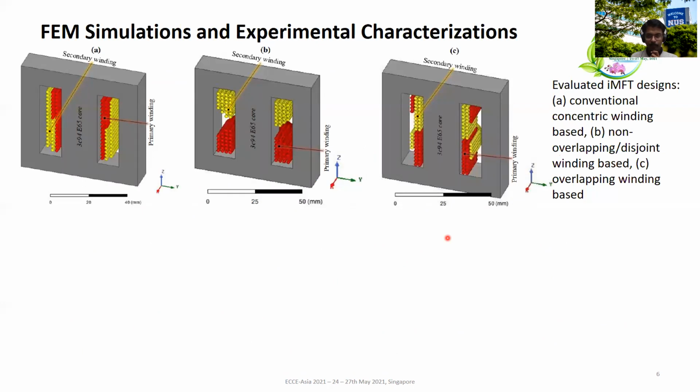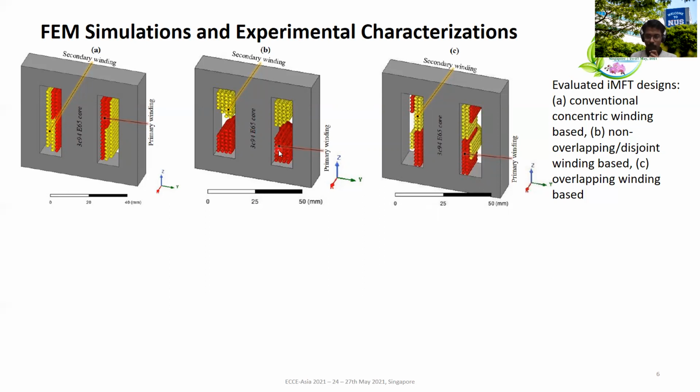Here our objective is to study a few designs and come up with a suitable design that can give us an integrated leakage inductance of 40 microhenry and also facilitate power transfer of 2 kilowatt, and we would like to keep a 1:1 turns ratio. Three designs are shown. The first one is the conventional concentric winding based iMFT design.